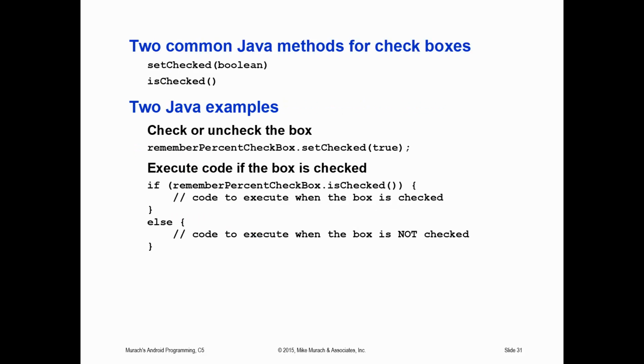When you work with checkboxes, you can use Java to work with a checkbox when the app runs. Again, it's common to need to set the checked attribute, and they show you how you can do that here. You can set it to true or to false. If you want to determine whether or not it is checked, you use isChecked.